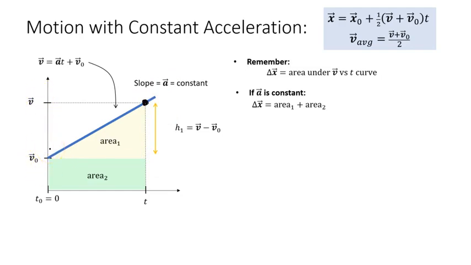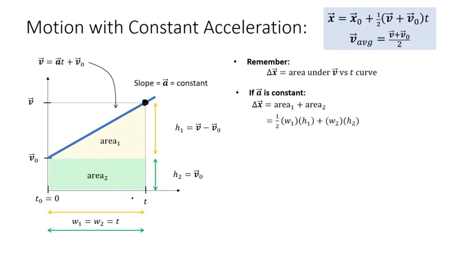So it would be V minus V naught. I can also define the height of that rectangle. It has a height that's exactly equal to V naught, so it's exactly equal to that initial velocity. And then I need to know the base or the width of both of those. They're the same. If I look at it here, it goes from time t equals 0 to t, and so that tells me that width should be t.